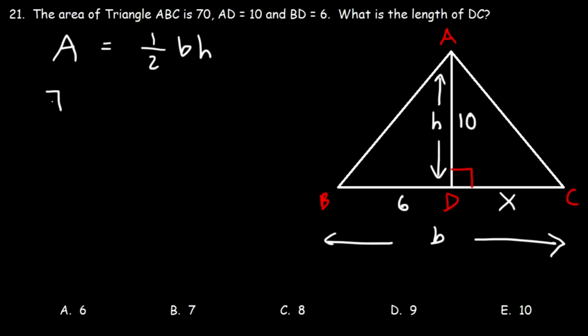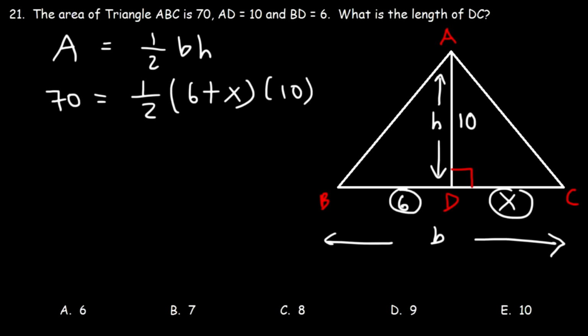The area is 70. That's equal to 1/2. The base is 6 plus x. And the height is 10. So now we just got to do algebra. So half of 10 is 5. So what we have is 70 is equal to 5 times 6 plus x.